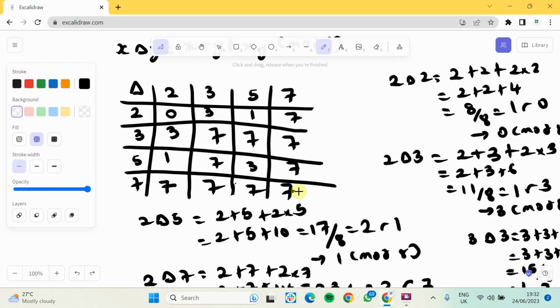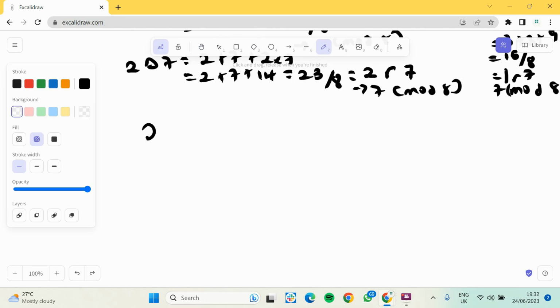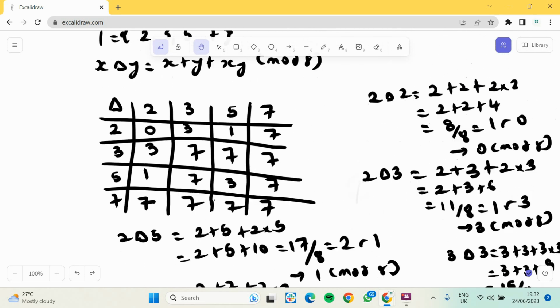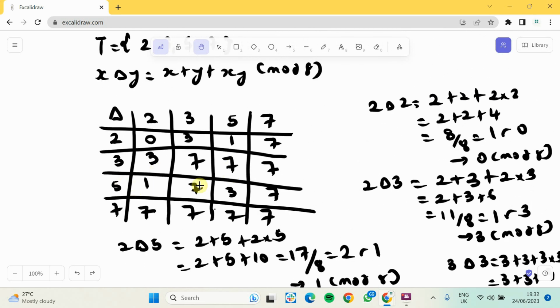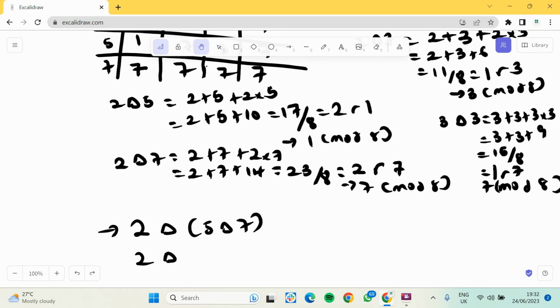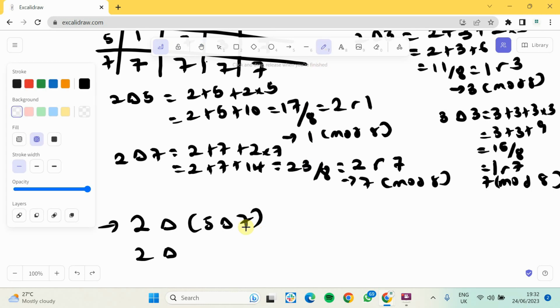So let's solve that. 2 triangle 5 triangle 7. Let's solve what is in the brackets first, right? So if I do 5 and 7, let me trace it on my table. Where 5 and 7 intersect, the value there is 7, right? Because the value there is 7, I'm going to replace 5 operator 7 with 7.